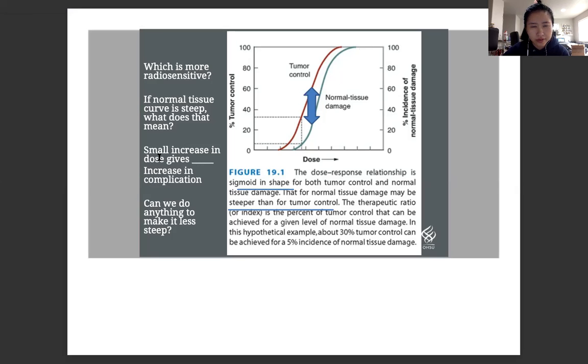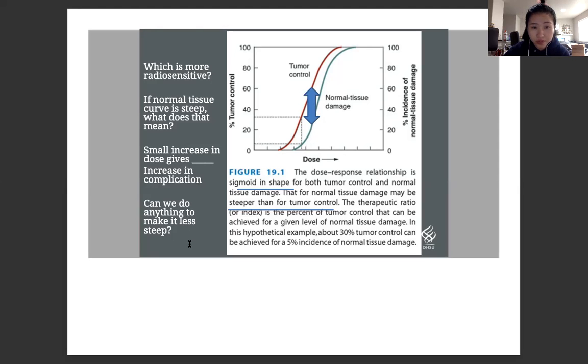Third question, a small increase in dose gives blank increase in complication. Increasing dose gives a large amount of increase in complication, as you can see right here. Going from 1, 2, 3, 3.5 to 3.8, I guess, or 4, you can see the steep slope right here on normal tissue damage. A large increase in complication, I would say.